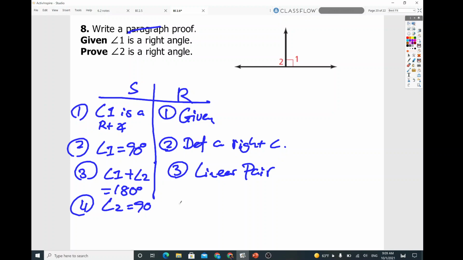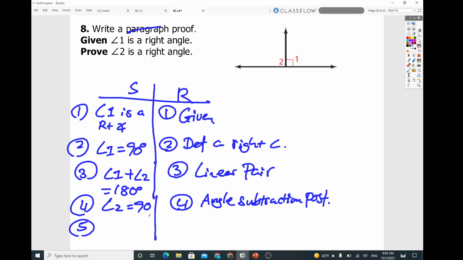Subtract 90 on both sides, so this one is the angle subtraction postulate. And then the last statement: since we know that angle 2 is 90 degrees, angle 2 is a right angle. For this one, just say the definition of a right angle.